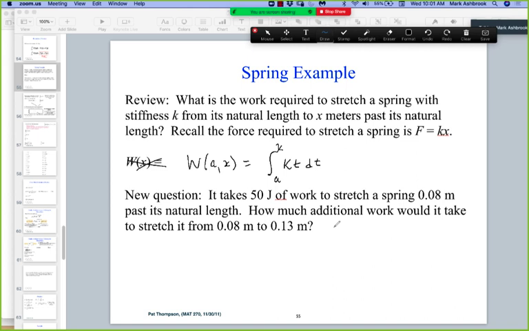So how are we going to do this? Let's understand what we have here. We have 50 joules of work to stretch the spring 0.08 meters past its natural length. So there's work of 50 joules associated with x of 0.08 meters.